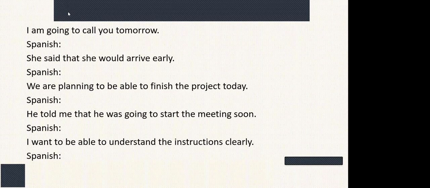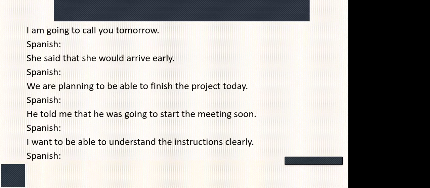Also, because be able to can be omitted, like also with number 3 and number 5, that says quiero entender las instrucciones claramente. This poder entender, we can just say quiero entender. Right. All that needs to be limited, right? Because it's too much. It's overwhelming. Yes. I agree. Very good.